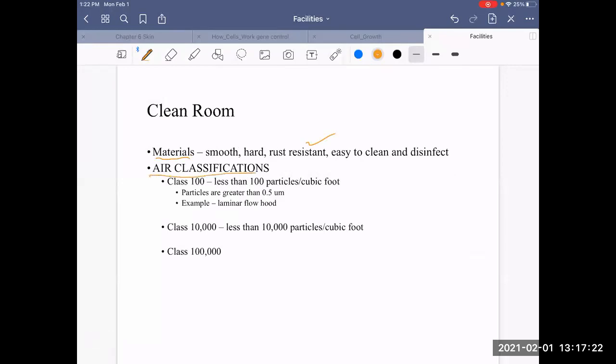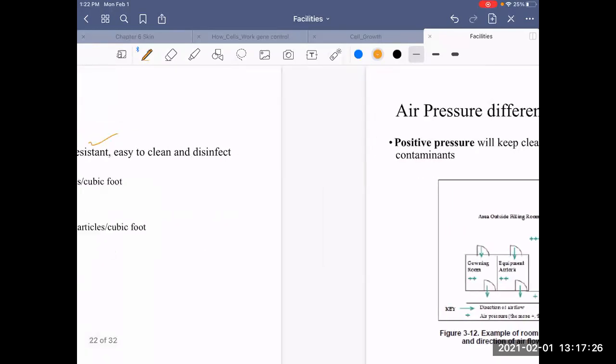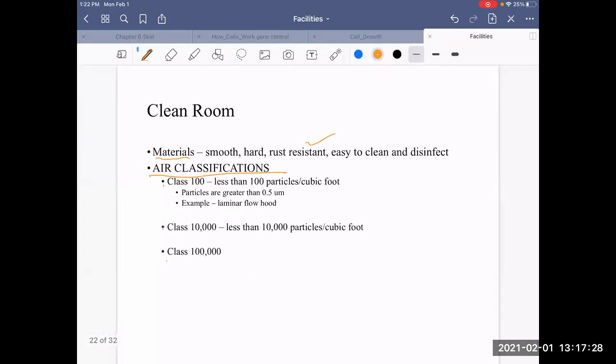Okay, so the air classifications. Okay, and I meant to update this. Okay, so we'll talk about this in class, but there are 3 broad categories, and there's different language that they use for this as well. Okay, so class 100 has less than 100 particles per cubic foot of air. Okay, the particles are anything greater than 0.5.